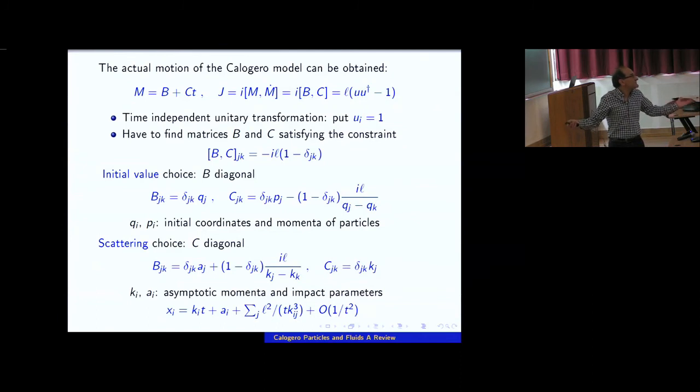It's the obvious choice to make things simple. Depending on which one you choose diagonal, you express it either in terms of initial value data or of scattering data. You could do other things, but they would give you the same solution. It may be. I never thought of it because it's not of any particular physical use, but it may be.